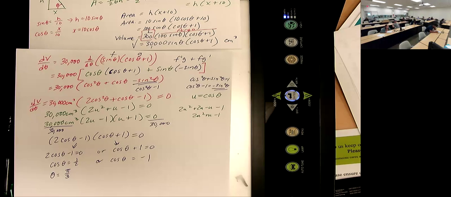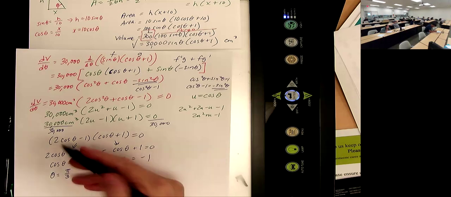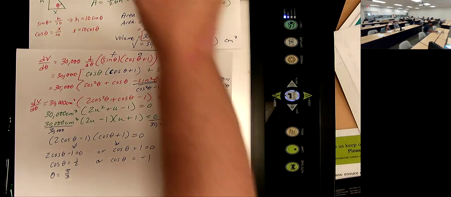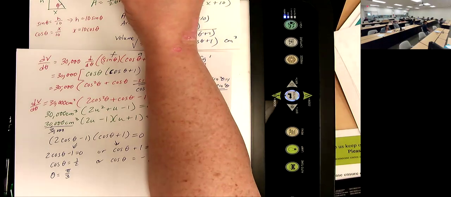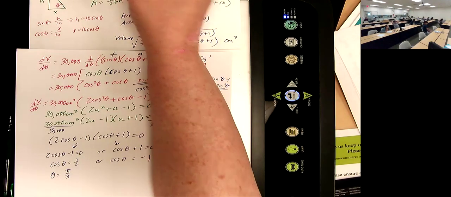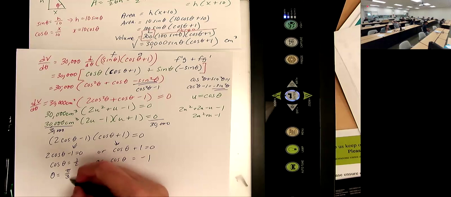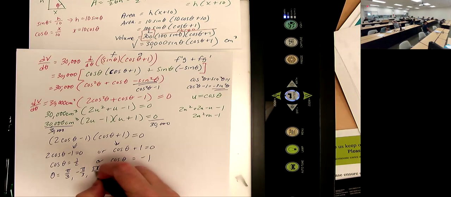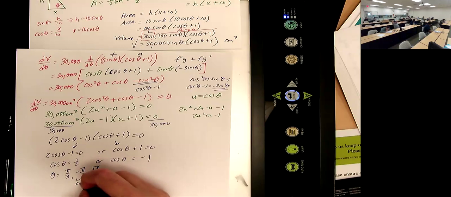We could do negative pi over 3, but can we fold this negatively? The other option is going all the way around the circle and getting 5 pi over 3. But can I realistically fold this 5 pi over 3? No. I'm going to list them as options, but you can't fold like this.